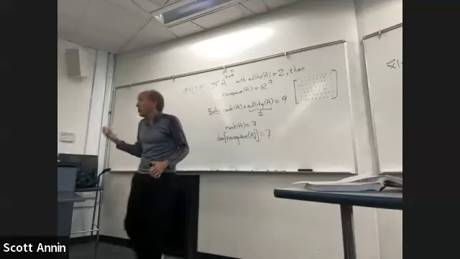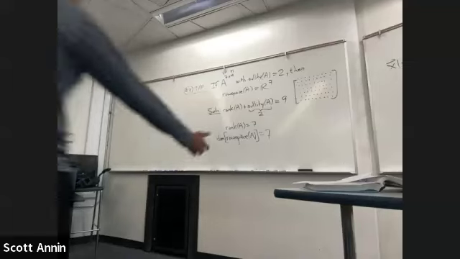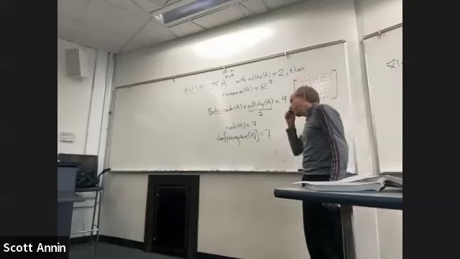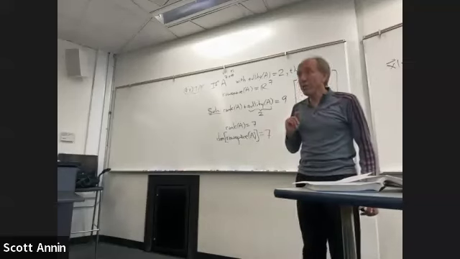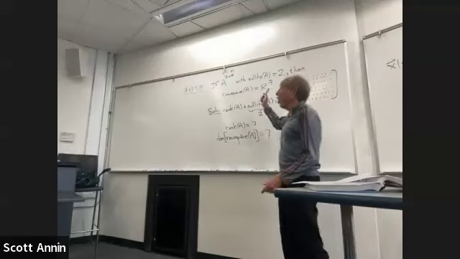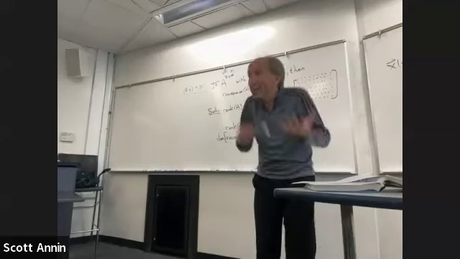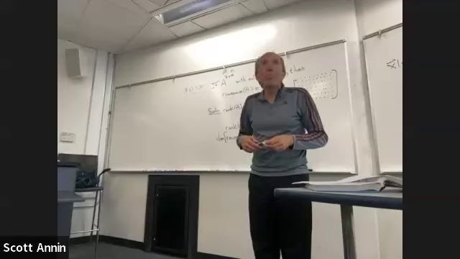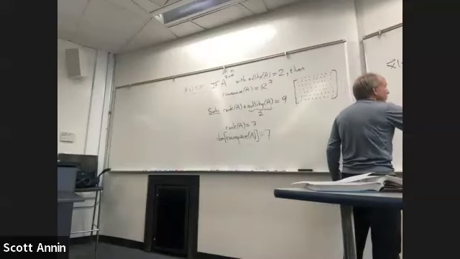Because the dimension of R7 would be 7. But what you need to remember, my friends, is that there are lots of things that are 7-dimensional besides just R7. P6 of R is 7-dimensional. I could make all matrices of this form.